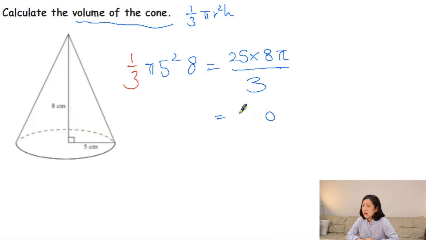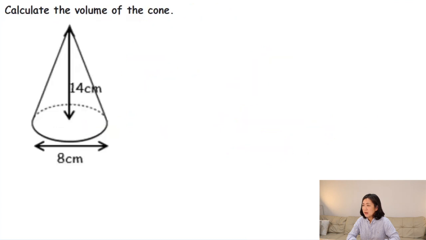Now we know that 25 times 8 will be 200, right? Then 200 pi over 3. You can leave your answer as a fraction. The unit is cubic centimeter. Next question, calculate the volume of a cone. We've got a diameter, so 1/3 times, since the diameter is 8, then r will be 4, right?